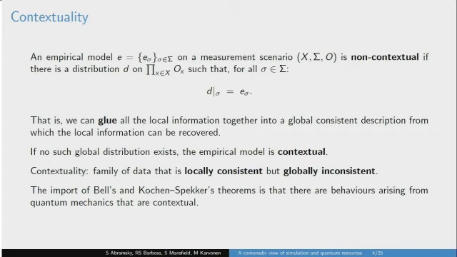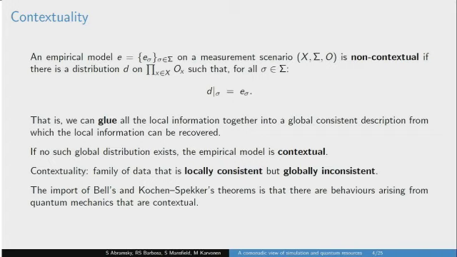So in a slogan, you might say that unperformed measurements don't have results, because you can't imagine a probability distribution that would explain the marginals we see that would also give you reasonable probabilities on everything.